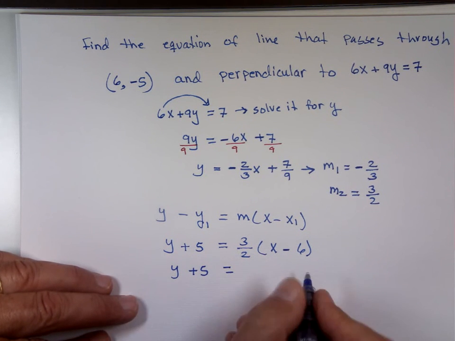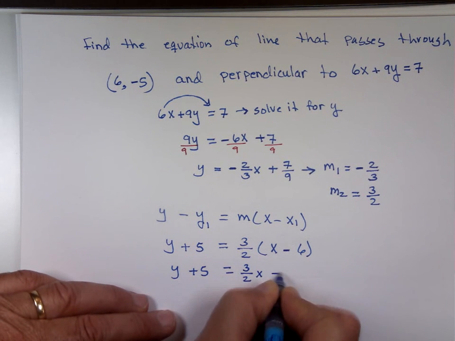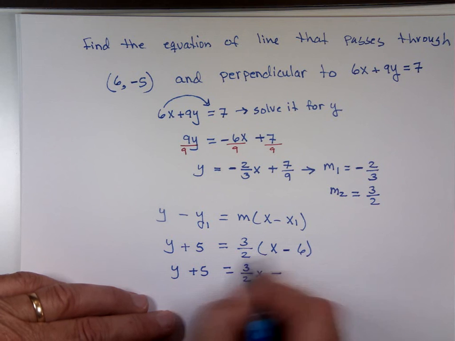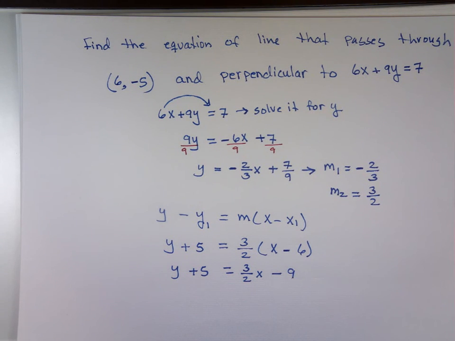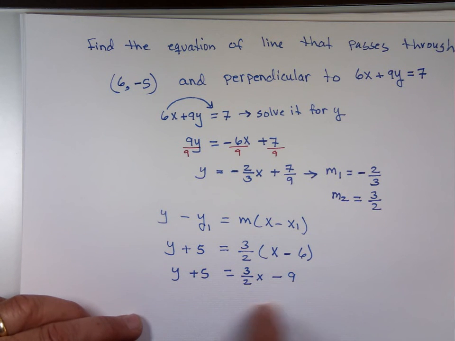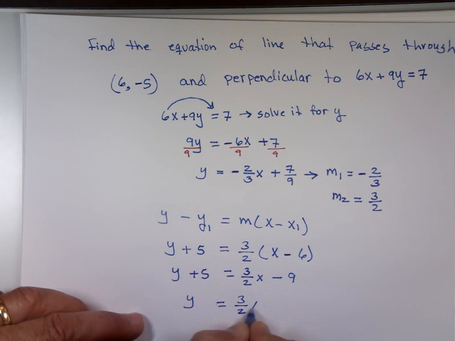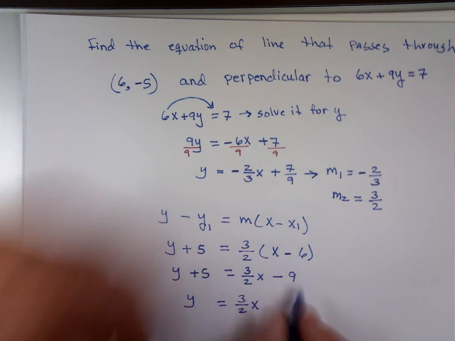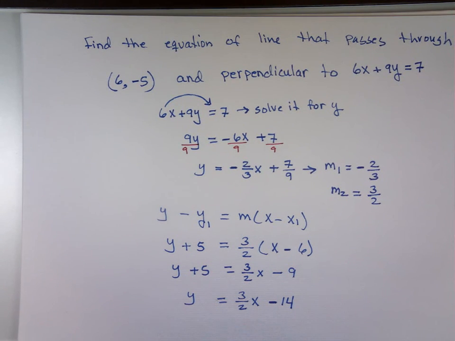That's 3/2 x minus 3 times 6, 18 divided by 2, is that a 9? I'm going to take the plus 5 to this side, change sign, becomes a negative 5. What's minus 9 minus 5? Is it negative 14? And that's the equation of the line that I'm looking for.